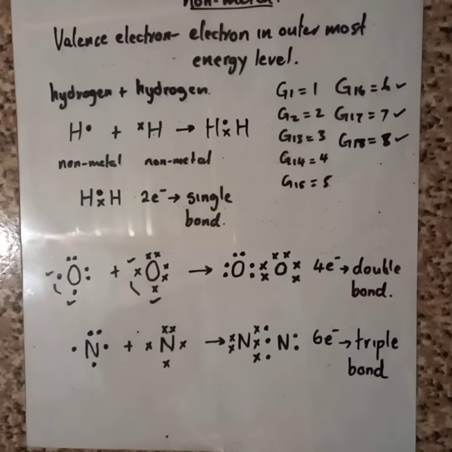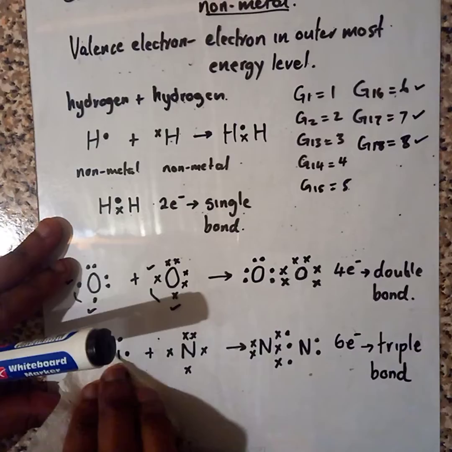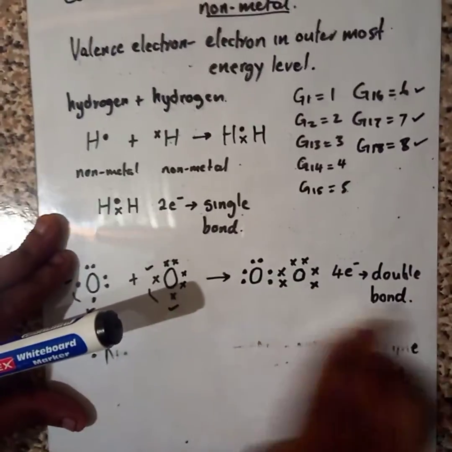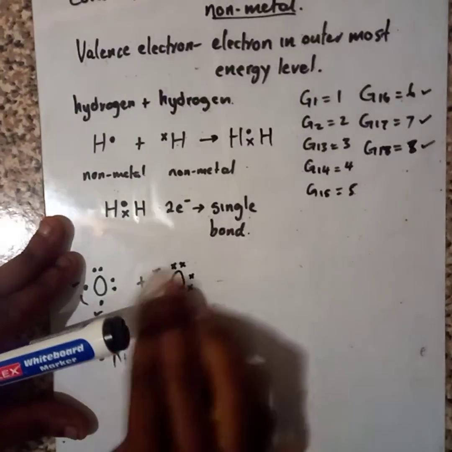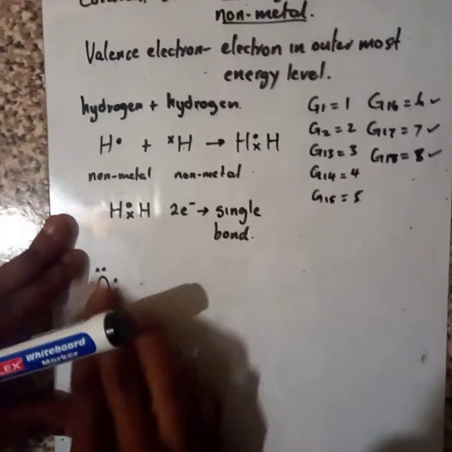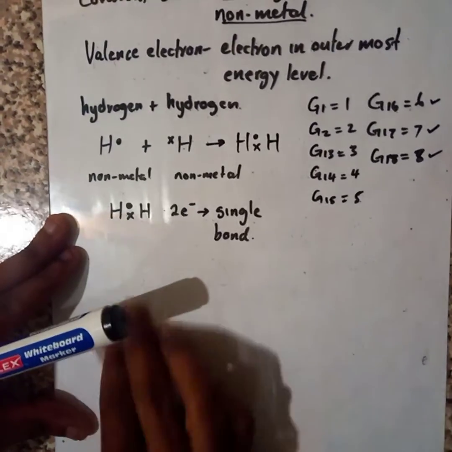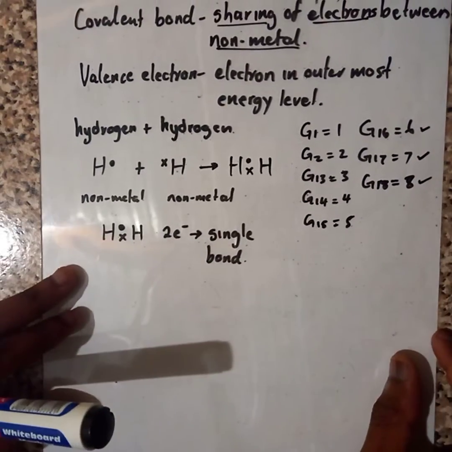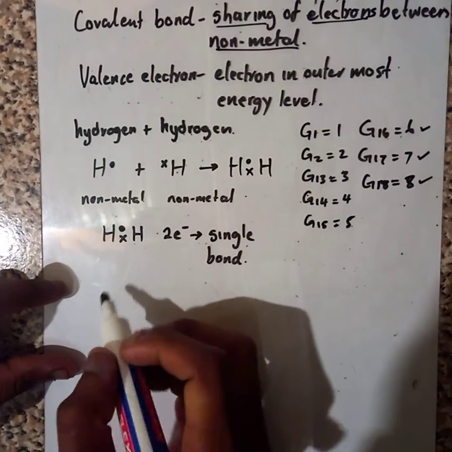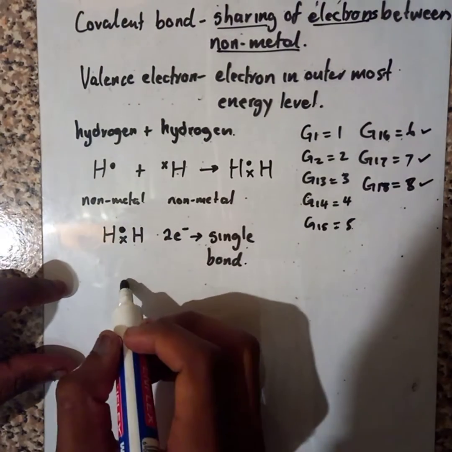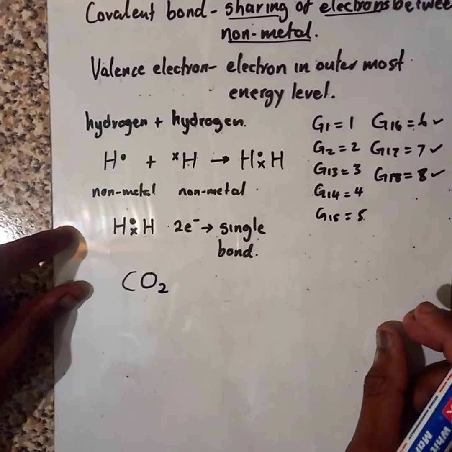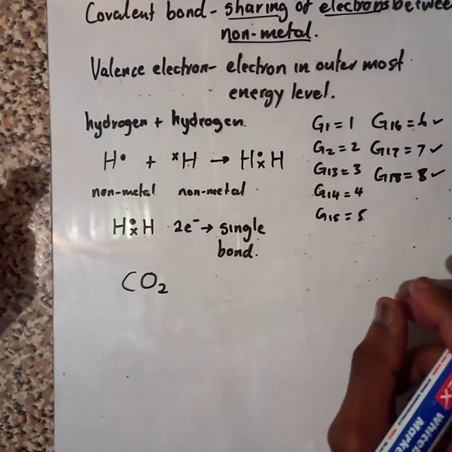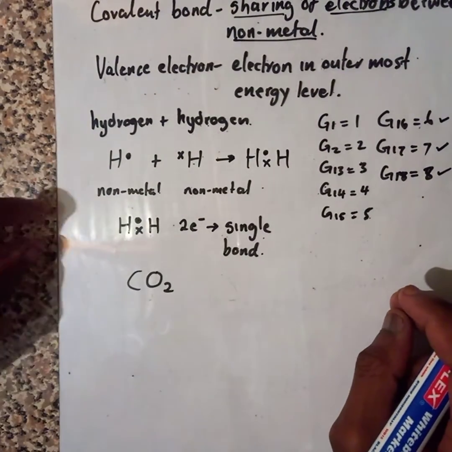Now, let's say I decide to ask you to draw a Lewis diagram of carbon dioxide. How are you going to draw the Lewis diagram for this one?